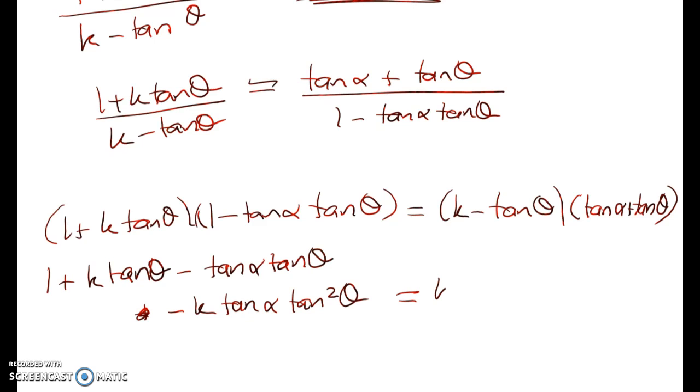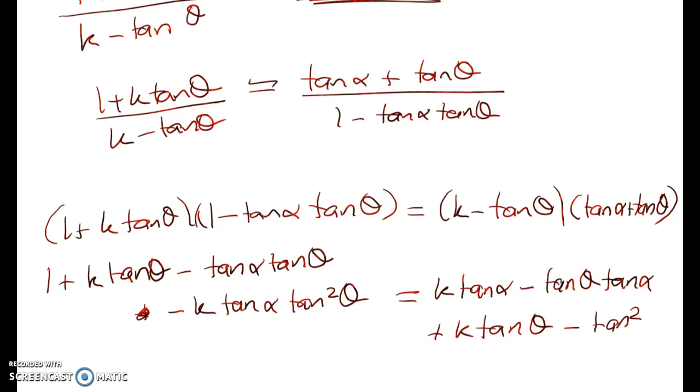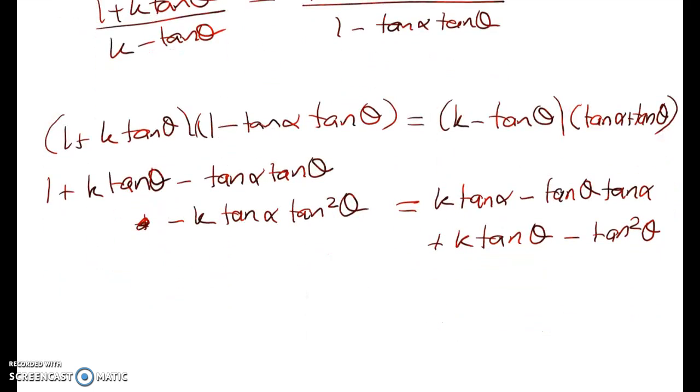On the right-hand side, I get k tan alpha minus tan theta tan alpha plus k tan theta, oh, I've done that in a stupid order, minus tan squared theta. I think that's all right. Now we're just going to go through and underline some stuff that's in common on both sides. I've got a plus k tan theta here and here. What else have I got? And I've got a take away tan alpha tan theta here.